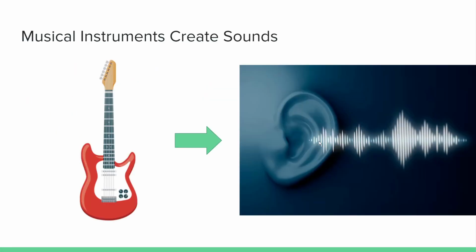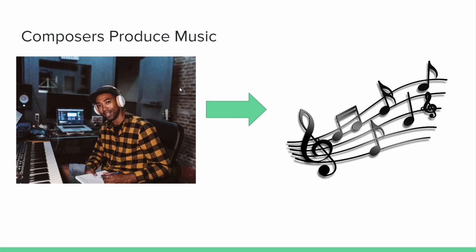So to explain it in simpler terms, musical instruments create sounds, right? If you just have a guitar, it's not going to make music, okay? It's just going to sit there, and you're going to make some weird sounds with it. It's the composers and the musicians that produce music, right?